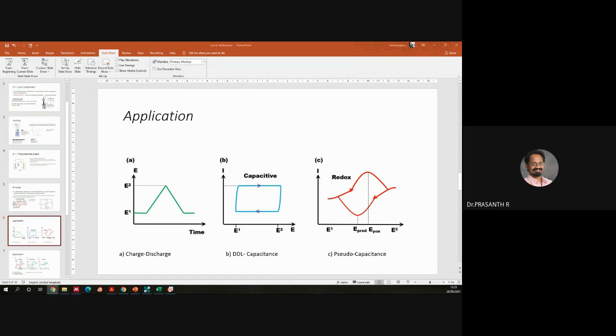That will give you a pseudocapacitance effect. Also, in charging-discharging curves, you can study whether it is symmetric or asymmetric behavior. So a lot of information you get from this simple experiment.